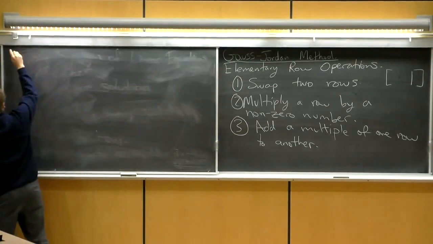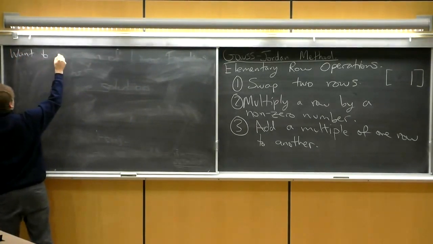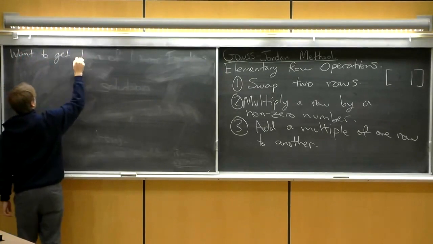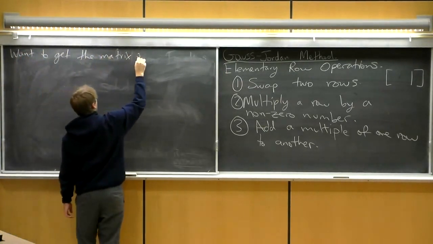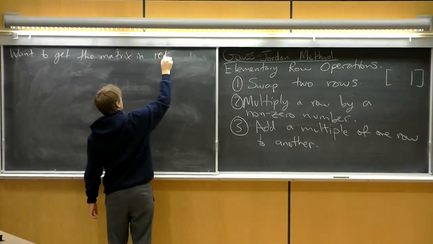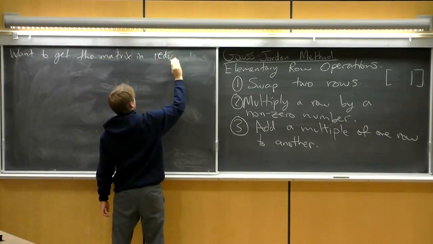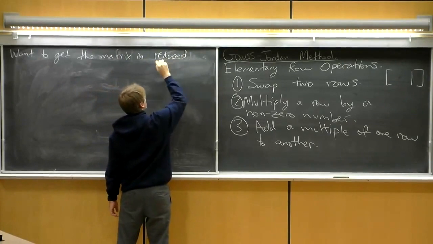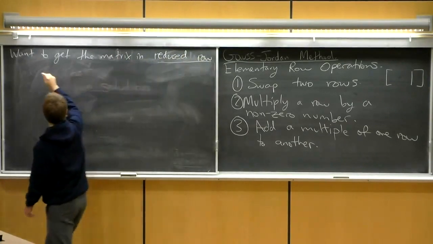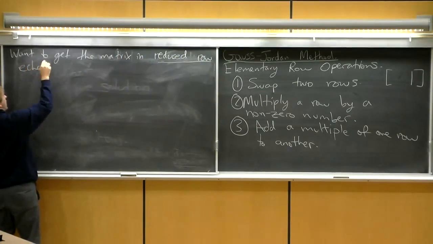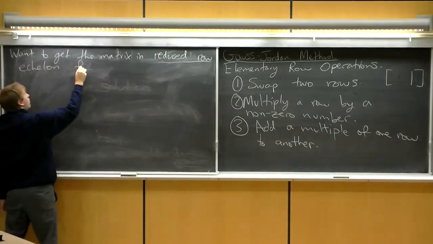We want to get the matrix in reduced row echelon form.